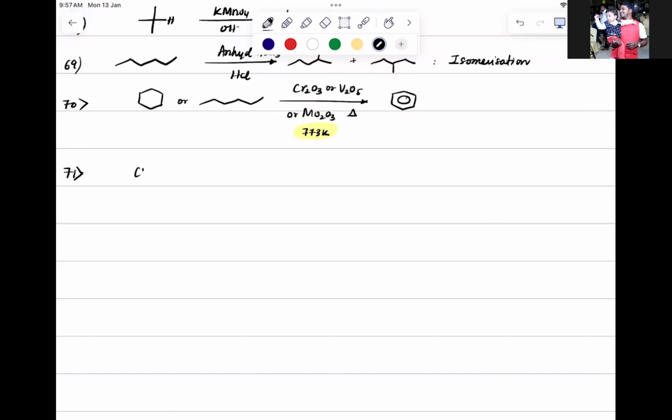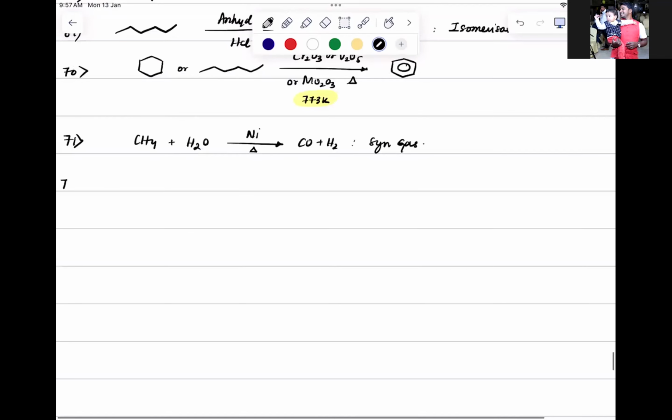71. This is a specific reaction. Methane plus H2O in the presence of nickel and heat will give you syn gas, where you will have carbon monoxide and H2. Next, if you have Br and Br here in the presence of zinc and heat, then you will get an alkene.